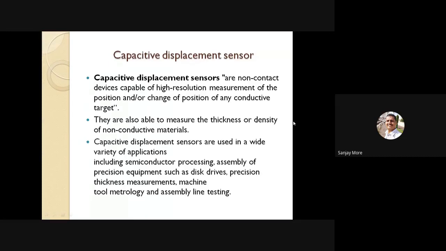Then give the heading capacitive displacement sensor.